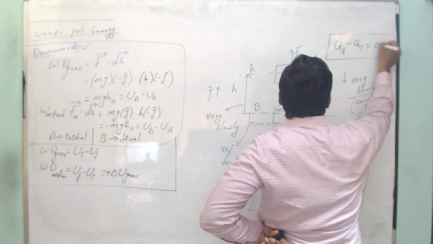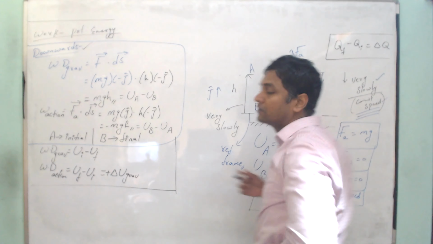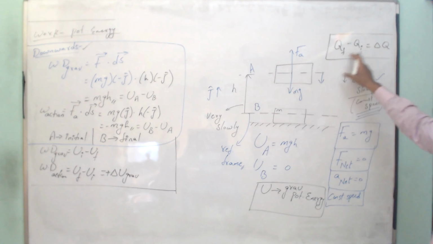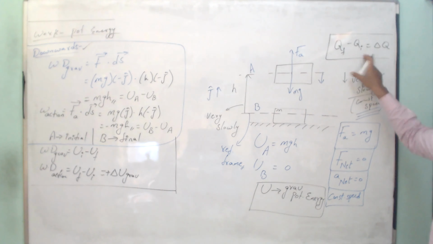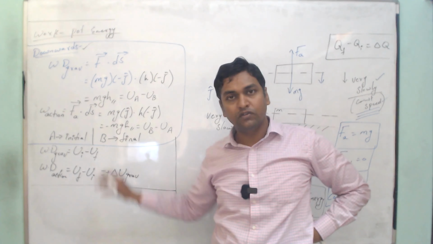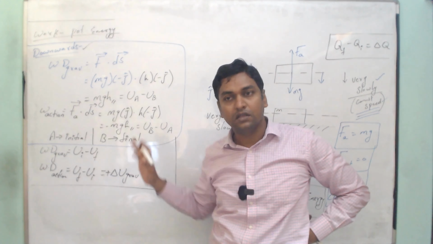I will write this as change in heat energy. In physics, change is written as final minus initial. So basically, while writing this, I have nothing to do with what mgh is or anything.